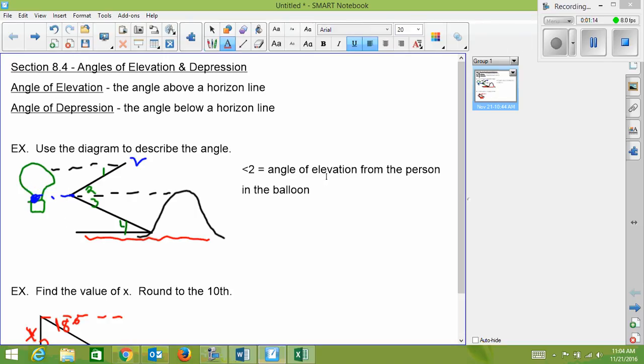So it would be the angle of elevation from the person in the balloon to the bird. This angle here is what they're talking about.